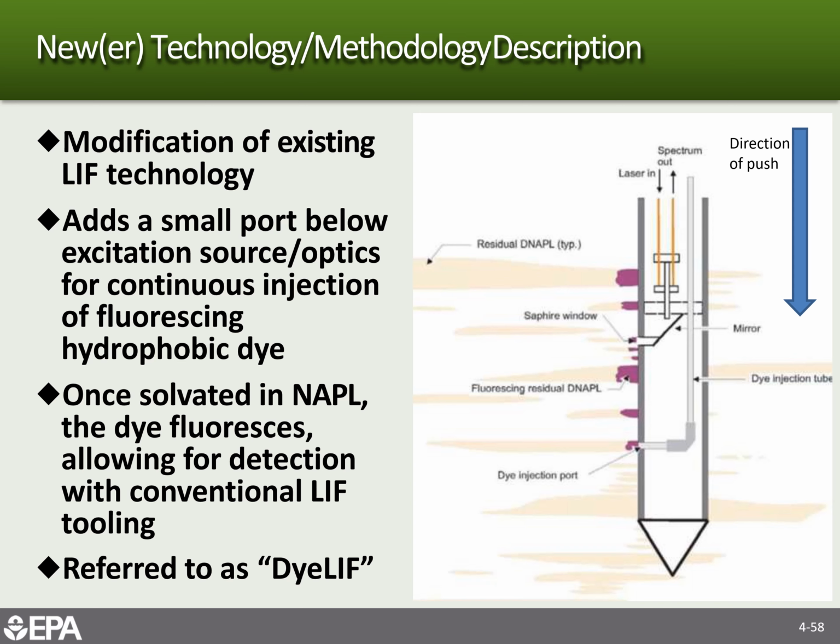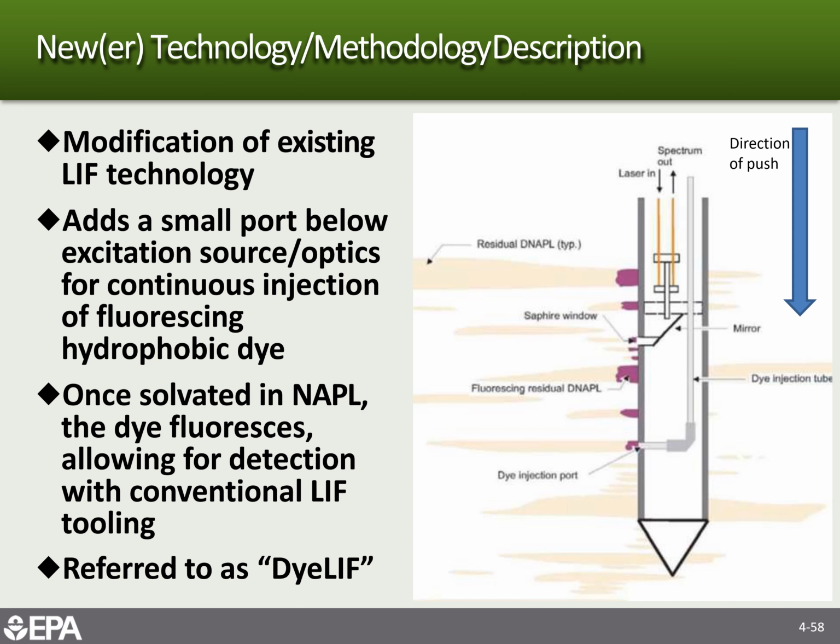They have another relatively new tool, which again looks at the laser-induced fluorescence and the wavelength of that light that's induced. In this case, there is an injection of a fluorescing hydrophobic dye.